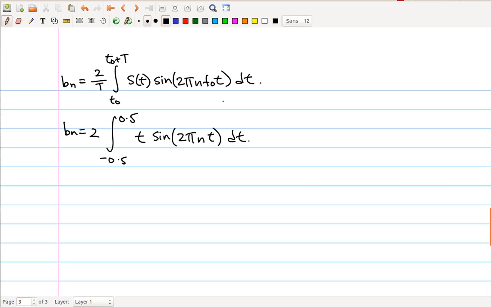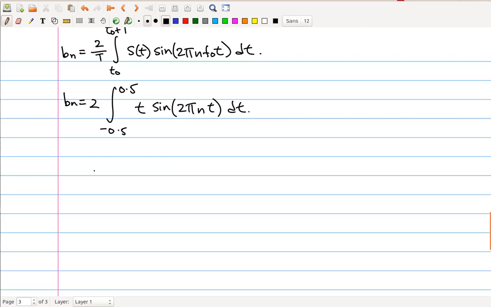Remember, this is another integration by parts, very similar to before. I'm going to let u equal t and my v dash equal sine 2 pi n t. So u dash is equal to 1, and v is the integral of this, so sine goes to a negative cos, and of course remember to divide by the derivative of the inside. Let's carry out the integration by parts.